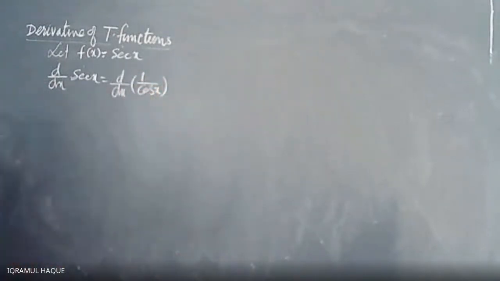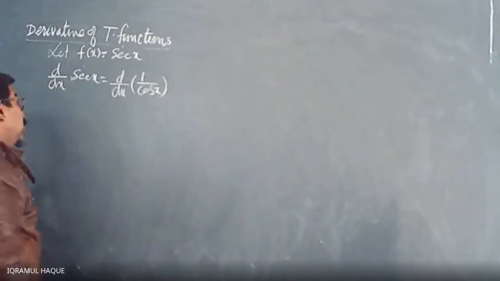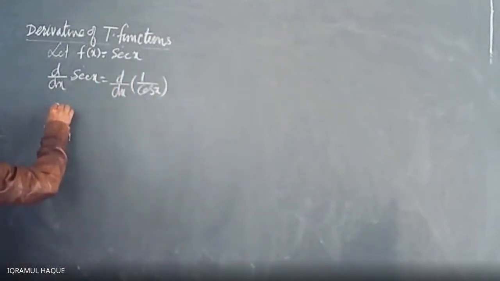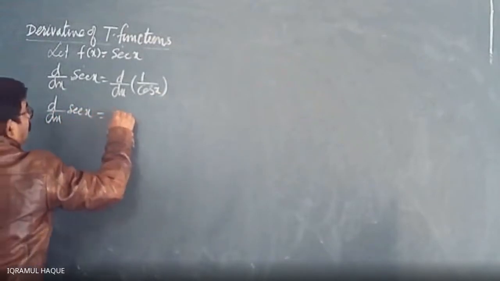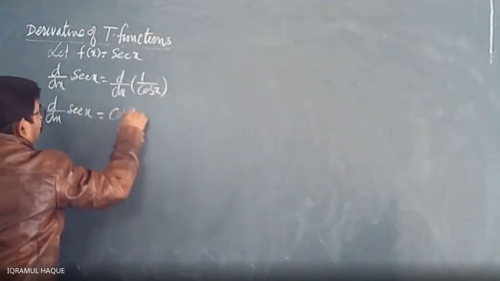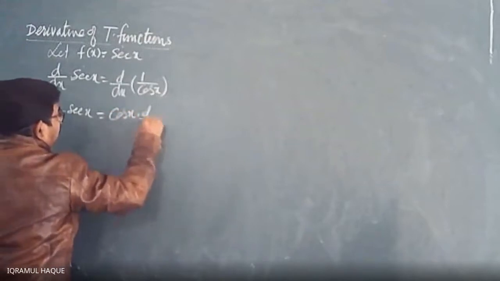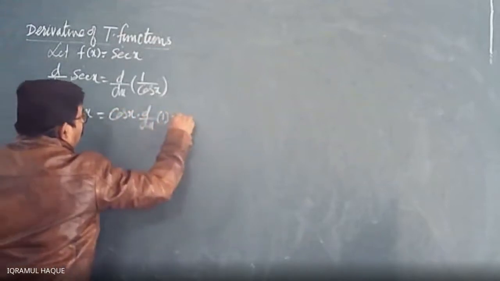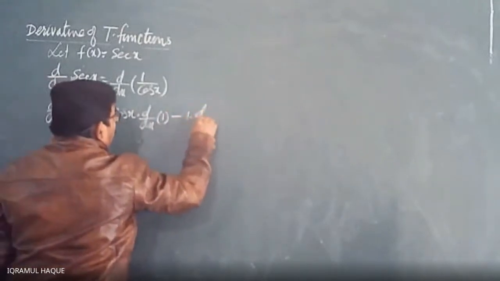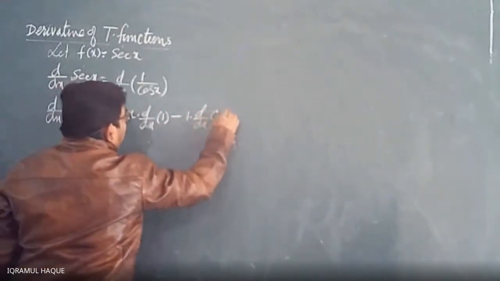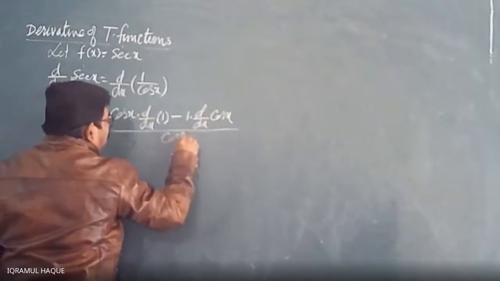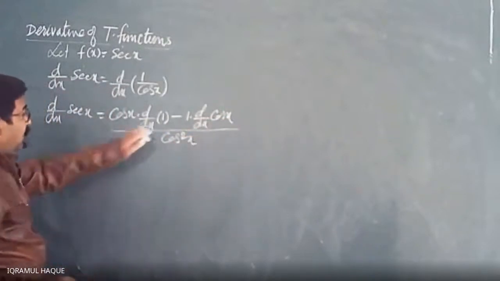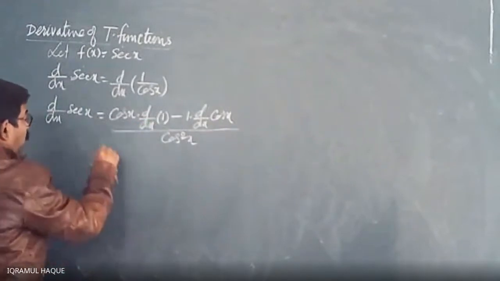And once again we have u upon v rule. So d of dx of sec x is equal to cos x into d of dx of 1 minus 1 into d of dx of cos x upon cos square x.